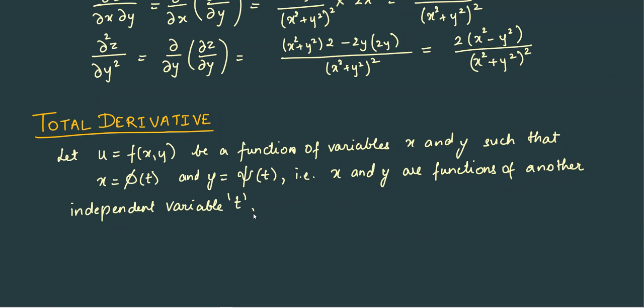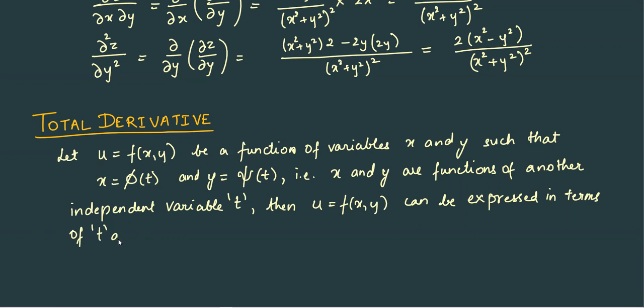Then u = f(x, y) can be expressed in terms of t alone. So then you get a function of t directly.